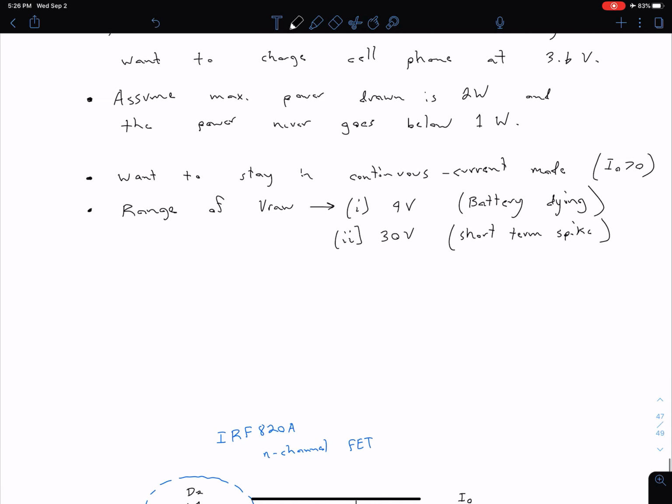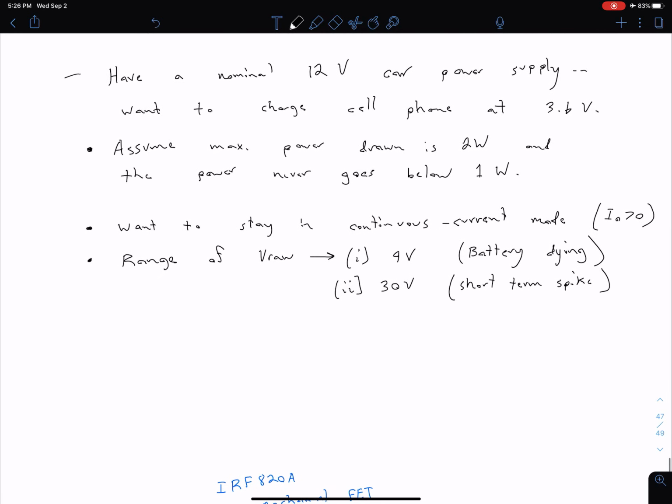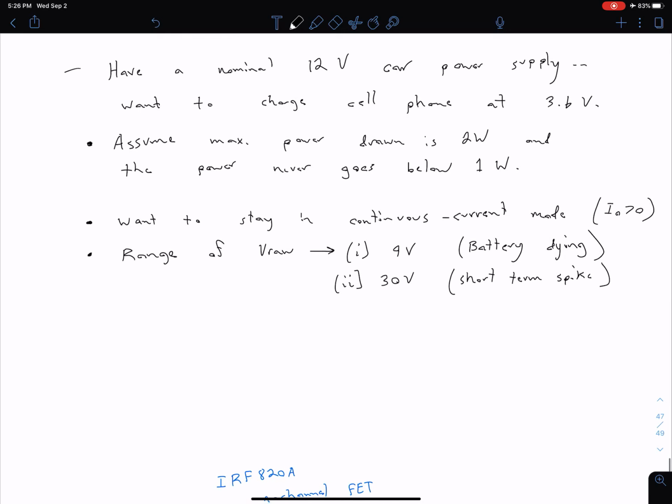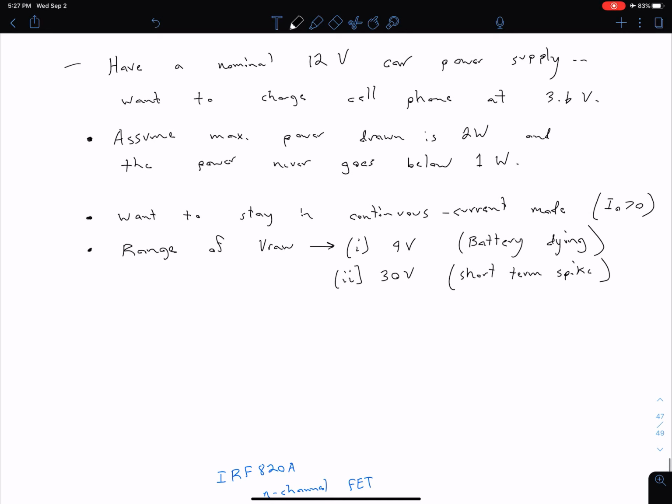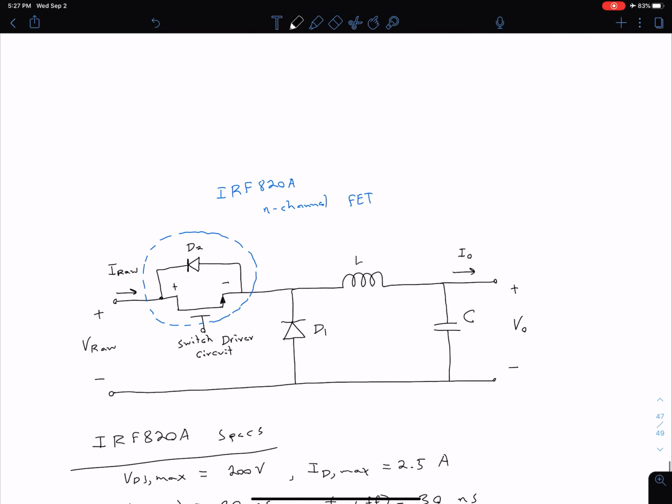Based on all this information, the main thing we're left to solve for is the value of our inductor L. The reason I can say that is because we're not given any regulation about our ripple voltage, so we're not going to be too concerned about this capacitor value C. And for our diode, we're assuming that it's just going to be blocking the same way that we described when we introduced our buck converter. So ultimately what we're looking for is this value of our inductor L.